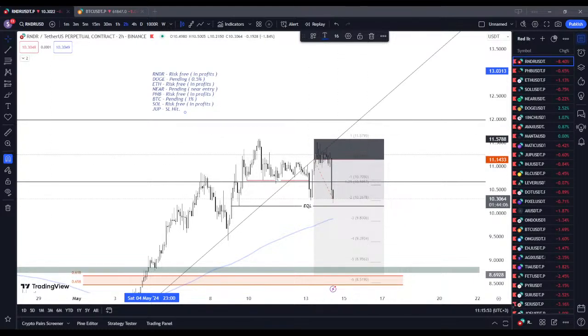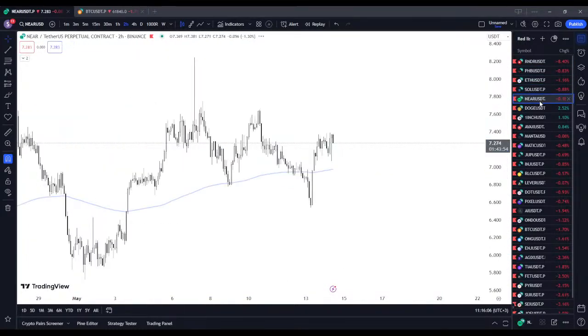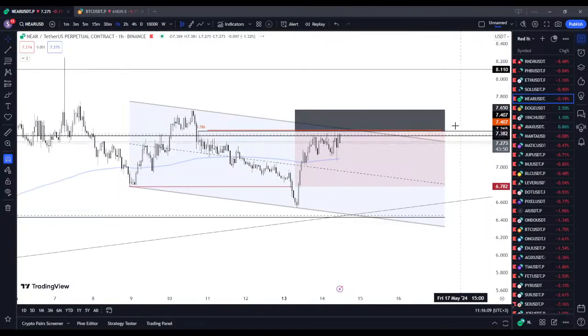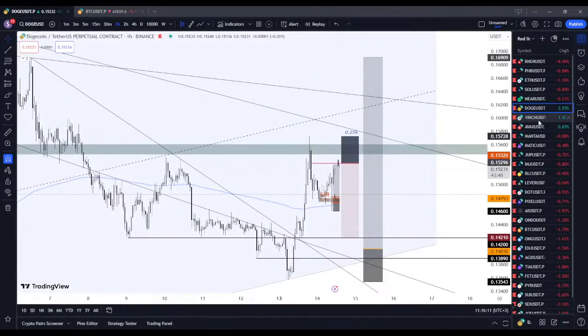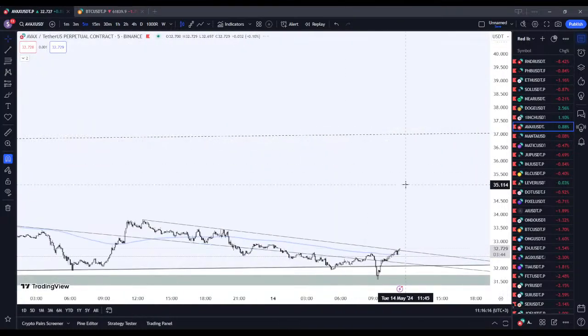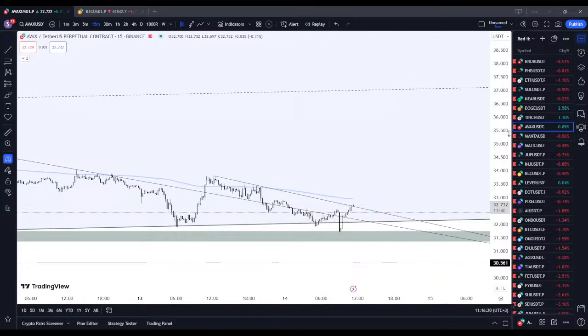Most of the risk-free positions, they are at UR. For example, render, Ethereum more than UR, PHB UR, Solana more than UR. Well, near doesn't want to give me an entry. It will give me an entry. I'm not in a hurry. But I think I will cancel every limit pending order before hitting the news.